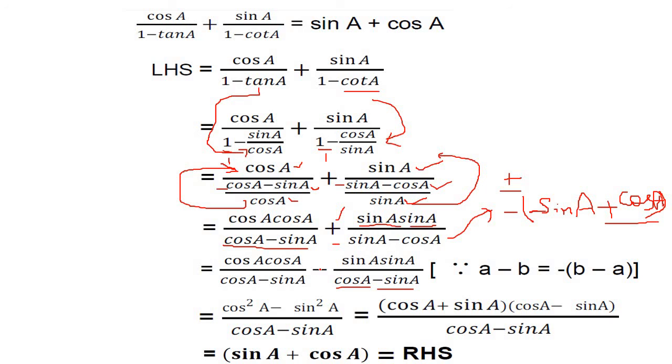So we can write A minus B is equal to minus of B minus A. A minus B can be written as minus of B minus A. Similarly, you have to write like this. So we can write minus of B minus A. So this becomes like this.